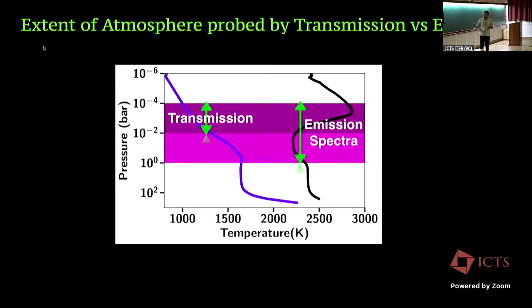Therefore, you can get information even from the deeper parts of the atmosphere. That is one of the major benefits of using emission spectra: you can constrain the pressure-temperature structure, one of the very important quantities of an exoplanet atmosphere. Using transmission spectra that may not be possible, because you are only probing a very small part of the atmosphere. The reason is that the path length in transmission geometry is so big that you cannot go much lower.